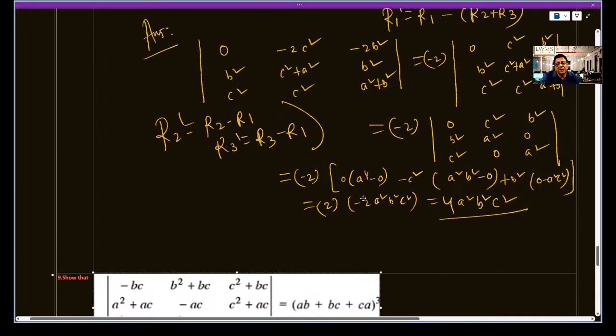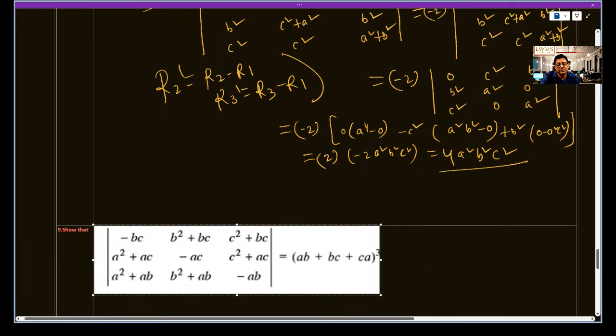Another very good sum. Let's see how many of you can do it. Minus BC, B square plus BC, C square plus BC. I just give you the clue.